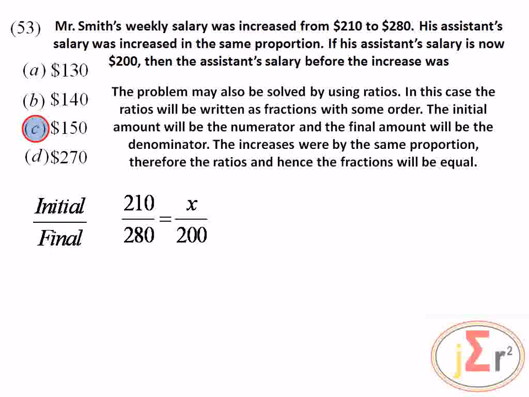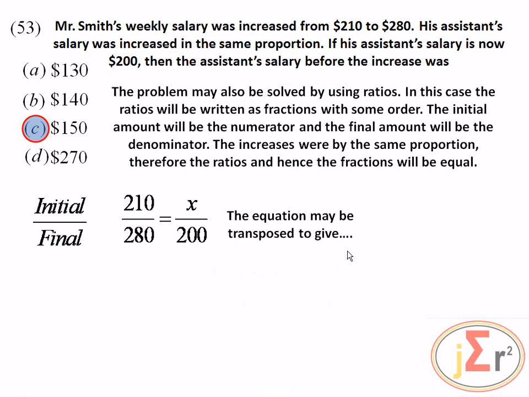And for the assistant we do not know the initial, but we do know the final to be $200. So we have 210 over 280 and we have x over 200. Since his assistant's salary was increased in the same proportion, we know that the two fractions are equal.